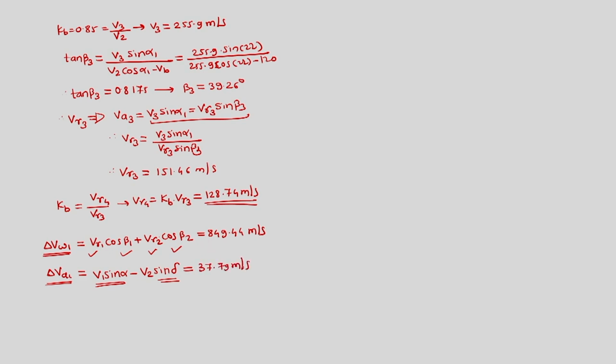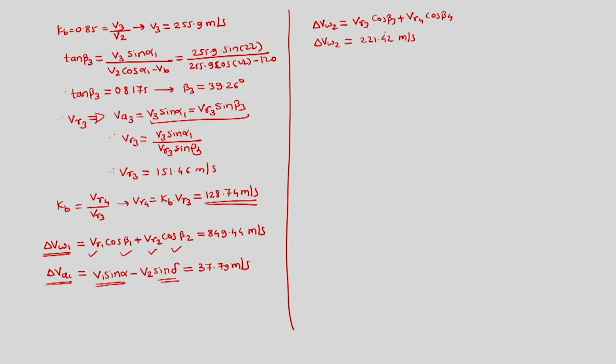and we get it as 37.79 meters per second. We will go to the second stage and find delta VW2, that is VR3 cos beta 3 plus VR4 cos beta 4, and this gives us delta VW2 as 221.42 meters per second.